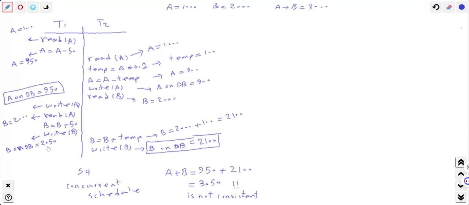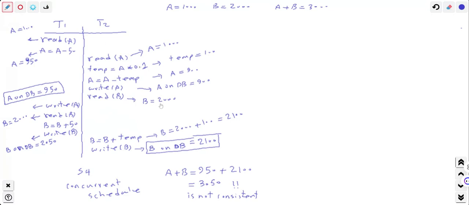Then when we read B in the second transaction, it will be 2050 plus... No, it is not the case, because T2 does not know anything about the values that T1 has written on the database, because T2 has read B before T1 wrote B. So T2 sees the previous value.